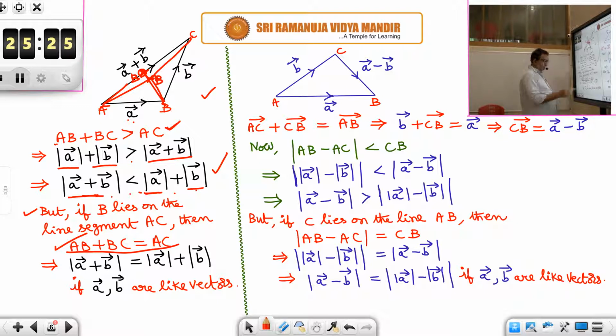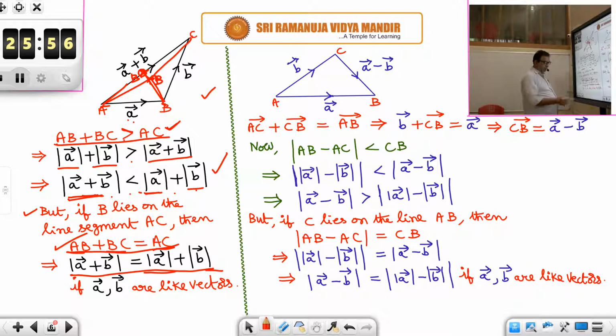Okay. Then AB plus BC is equal to AC instead of greater than. If it is equal to AC, then you will get mod of A bar plus B bar is equal to mod A plus mod B. AB is mod A, BC is mod B, AC is mod of A plus B. So then equality will hold good when B is between A and C. AB, BC are in the same line, but AB bar is A bar, BC bar is B bar.